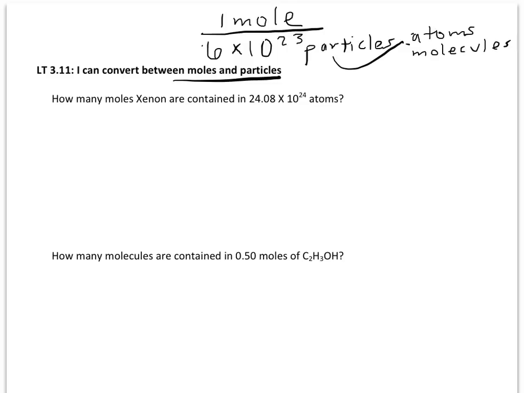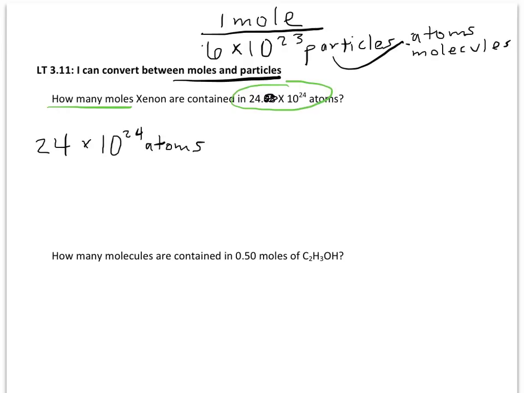So in this specific question, it asks us how many moles, which is what we're trying to find, of xenon are contained in 24.08 times 10 to the 24th. And we're just going to use the number 24. So we start by writing down our known value, 24 times 10 to the 24th atoms.